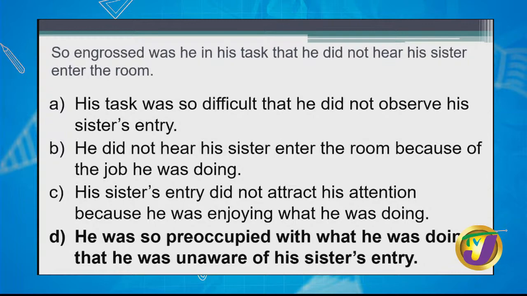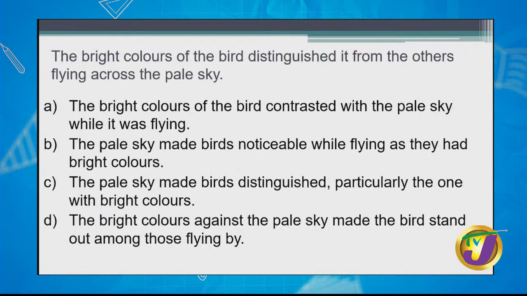Next one. The bright colors of the bird distinguished it from the others flying across the pale sky. Our options now. The bright colors of the bird contrasted with the pale sky while it was flying. Okay. Next one says, the pale sky made the birds noticeable while flying as they had bright colors.